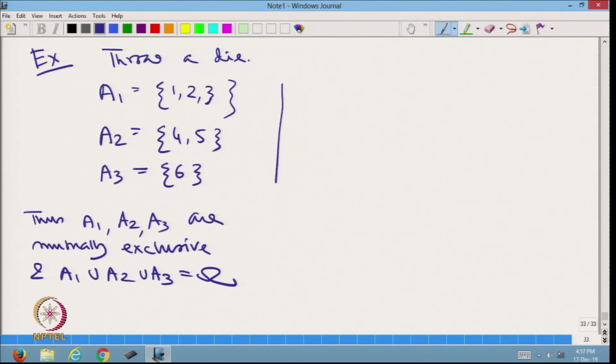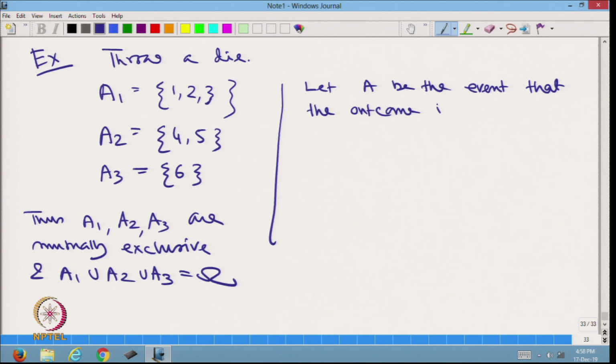Let A be the event that the outcome is an even number.